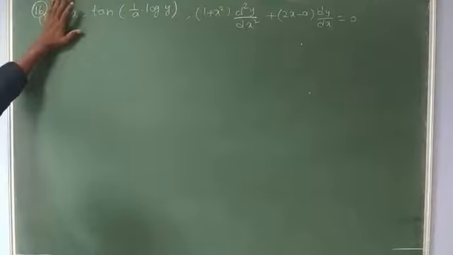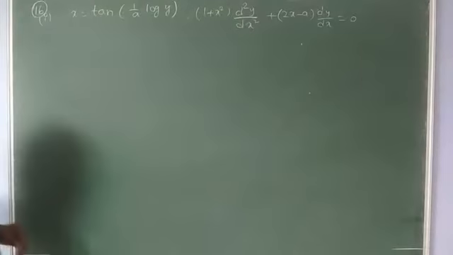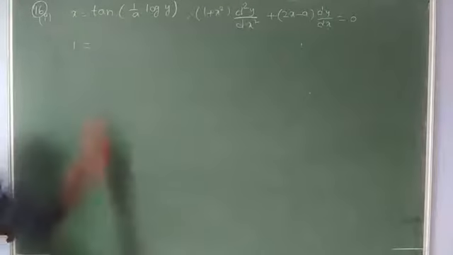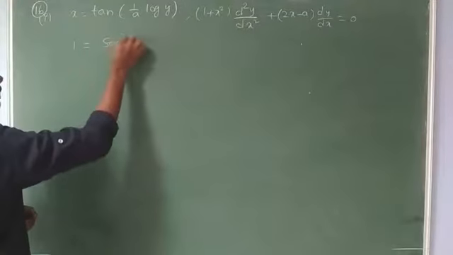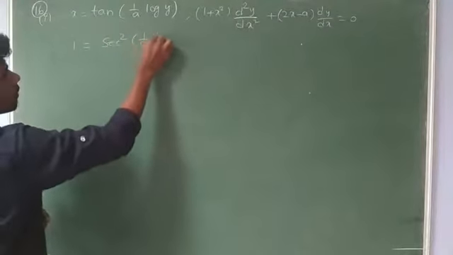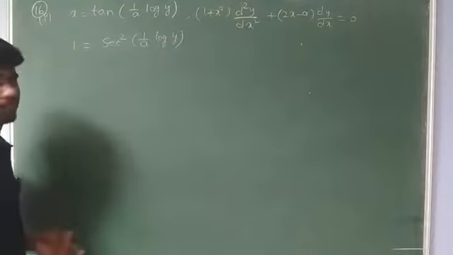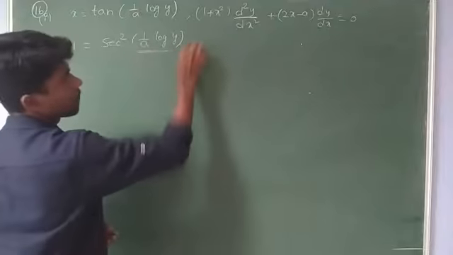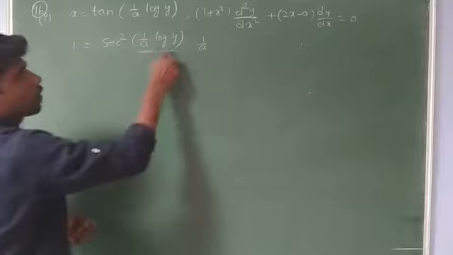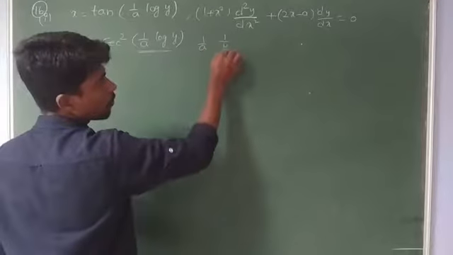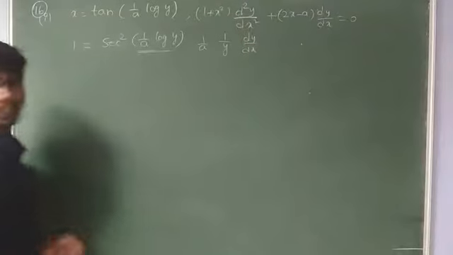So I have taken this particular thing, right? Differentiate with respect to x. Then we get differentiation of x with respect to x is 1, tan x derivative is secant square x, but it is not x, so I am replacing that part. Whenever it is not x, I have to perform its differentiation. Differentiation of 1 by a is a constant, so 1 by a into log y differentiation with respect to x is 1 by y into dy by dx.